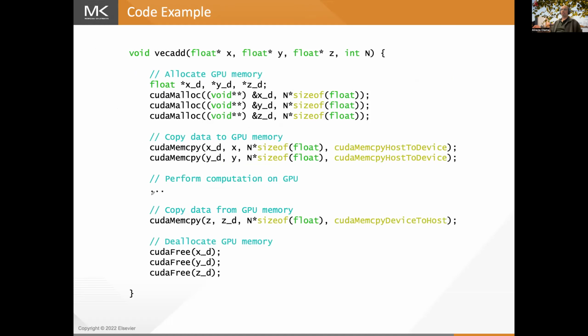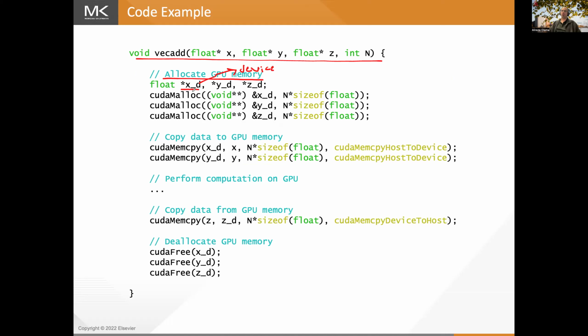Okay, so let's see an example of how we can do that. So this is the original vector add function that we had, right? Which was sequential, but now we want to make it a parallel function. So within this function, as I mentioned, in the first step, I need to allocate some GPU memory. So I define 3 pointers, one for X, using this x_d, and d stands for the device.